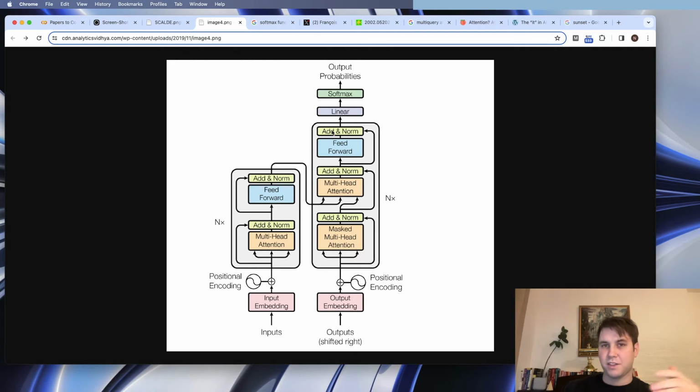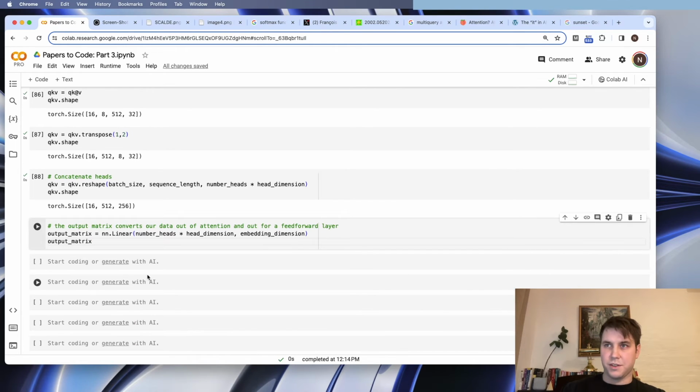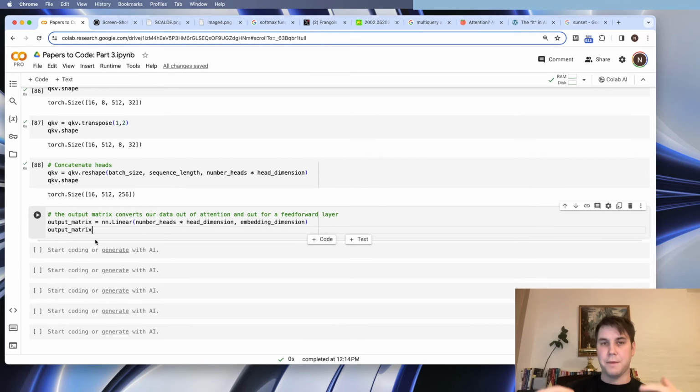And that's how we can pass it through a final layer of embedding that maps the 300 dimensional embedding onto our vocabulary size. And that'll be an output layer, and that goes through softmax, and then we predict loss. So that's just what the output matrix is doing here. We're reconverting it to a different shape and mixing all of those concatenated heads together.